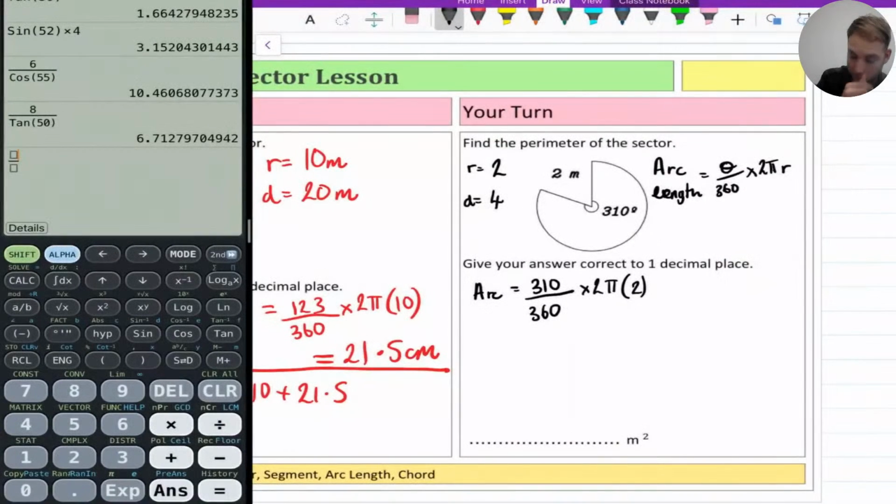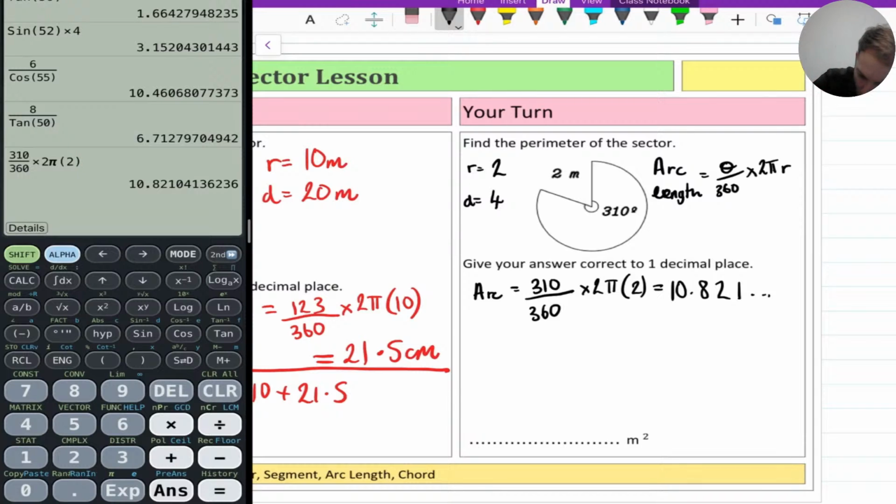Fraction button first. So then I'm going to type 310 over 360. Press right, times by 2, shift pi, times by 2. We type it in, we get an arc length which is equal to 10.821.